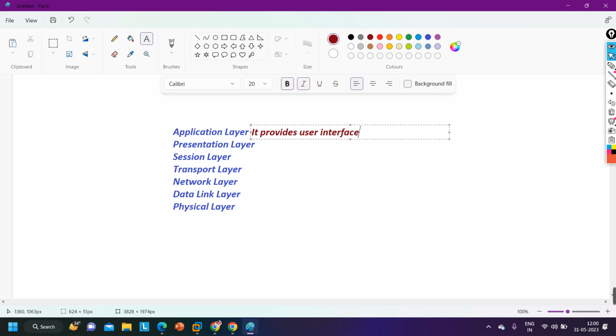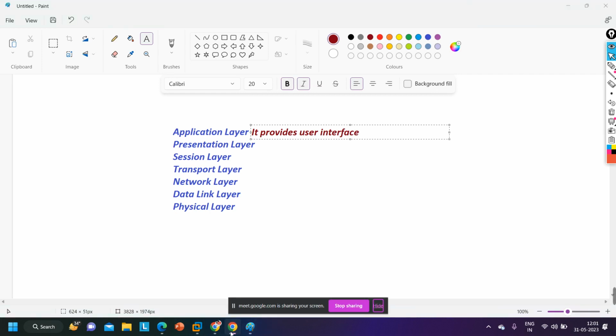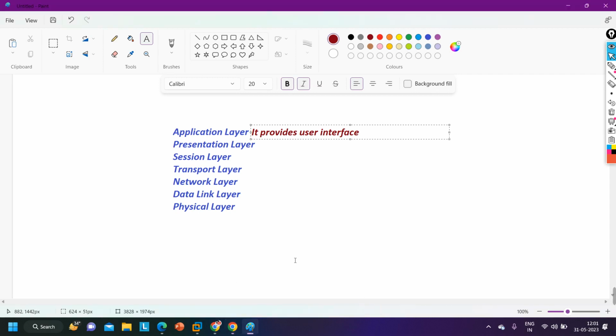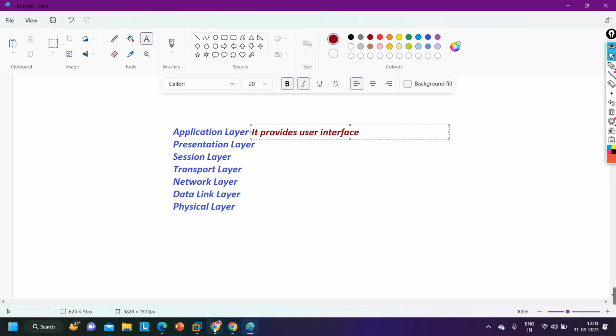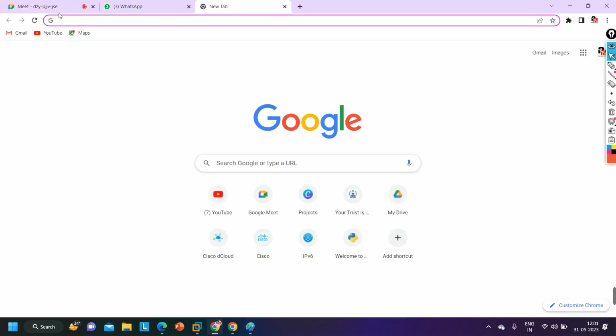Like if you want to access the web page of, let's say, a Google server, how can you access it? You need one interface, yes or no? Who is providing the user interface? Google Chrome, CMD, Mozilla Firefox, UC Browser, Opera Mini. These applications provide the user interface, and they work at the application layer.